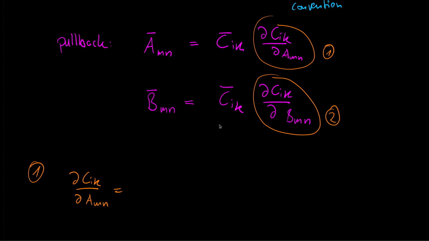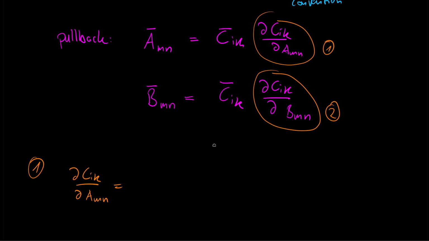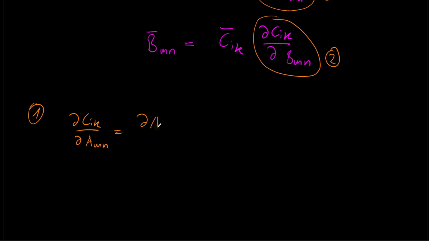So let's go to the forward computation, and we see we want to derive this expression with respect to A_mn. And then we see that the matrix B does not depend on A, so we do not have to do any product rule here, and can just propagate the derivative operator and get dA_ij with respect to dA_mn, and then multiply it with B_jk.